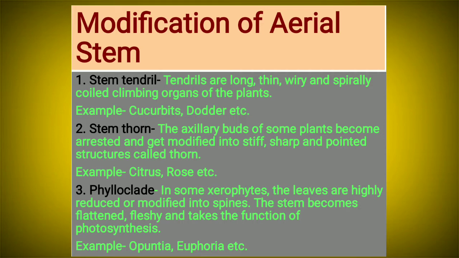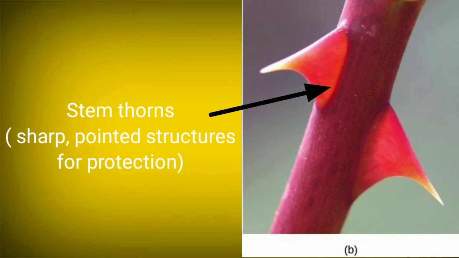Then comes stem thorn. In case of some plants, we observe that there are some sharp pointed structures. So here the axillary buds of some plants become arrested, condensed and get modified into stiff, sharp and pointed structures called thorns.